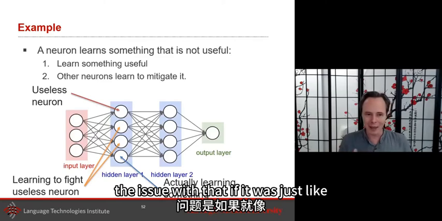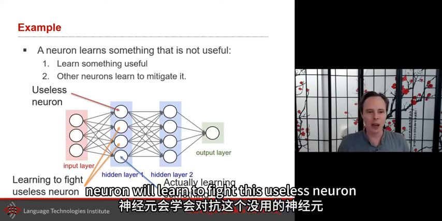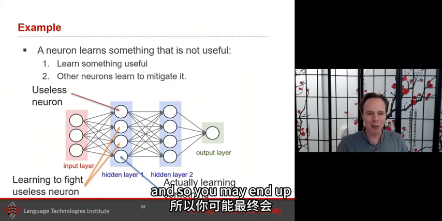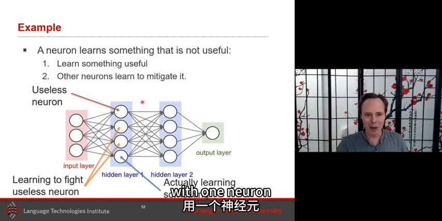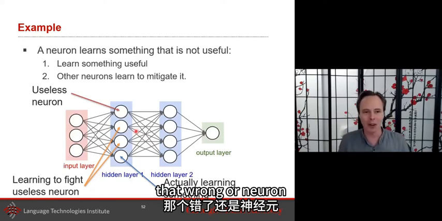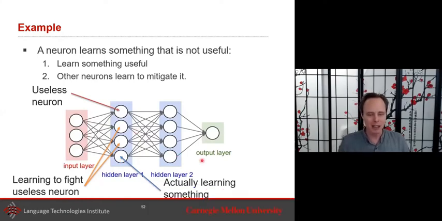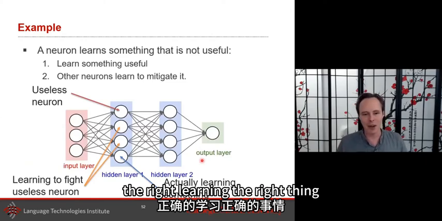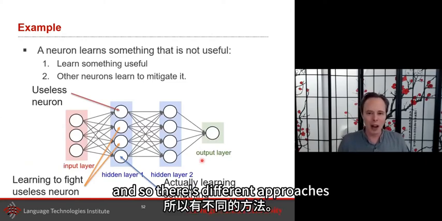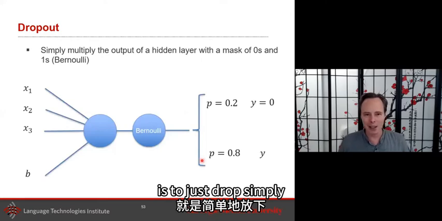The issue is that the other neurons will learn to fight this useless neuron, so you may end up with neurons compensating for the wrong neuron, and only some subset end up really learning the right thing.